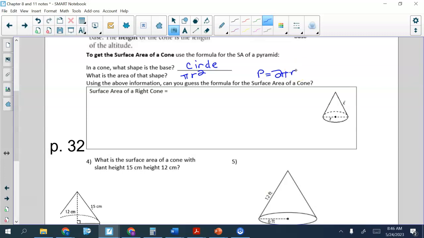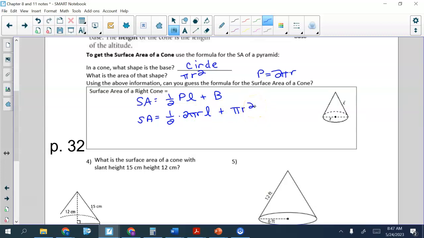I'm going to kind of derive it here. So on the front, we had 1/2 perimeter times slant height plus area of the base. So now I'm going to fill my circle information in. So 1/2 perimeter was 2 pi r. And then we still have that slant height plus area, pi r squared.